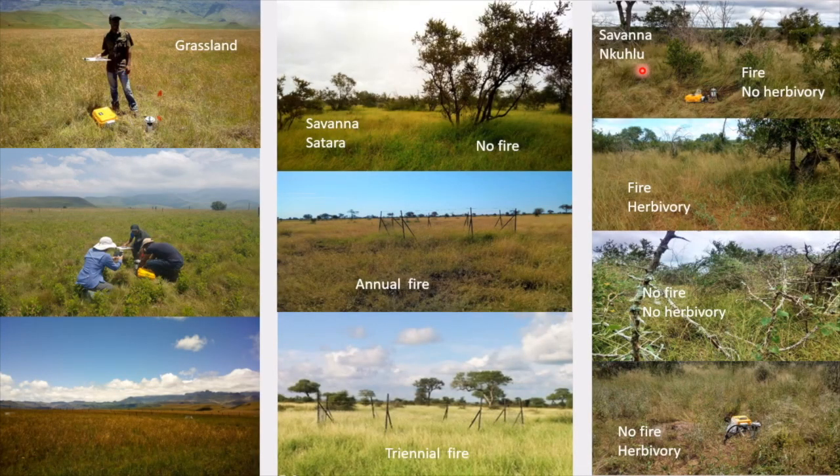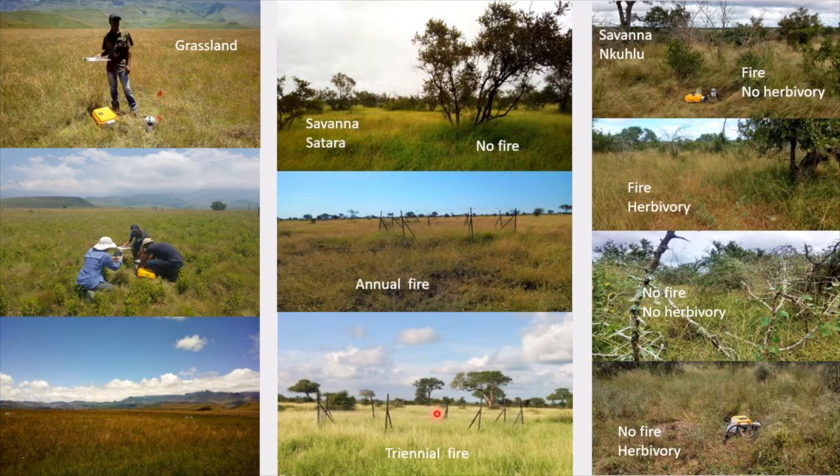So this slide shows the landscape, or how the sites look, and you can see the visual differences among these sites. For example, in Nkuhlu, you can see the difference between the no disturbance plot, which looks like a thicket, compared to all these other 3 plots which are a bit more open. And then in Satara, these are the rings which exclude herbivores.